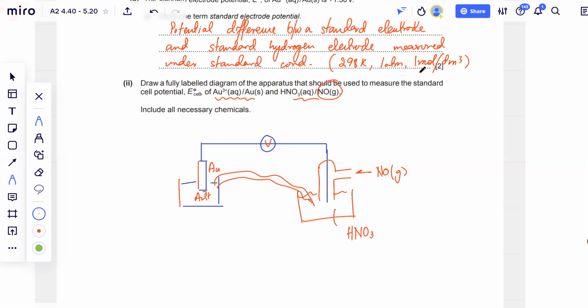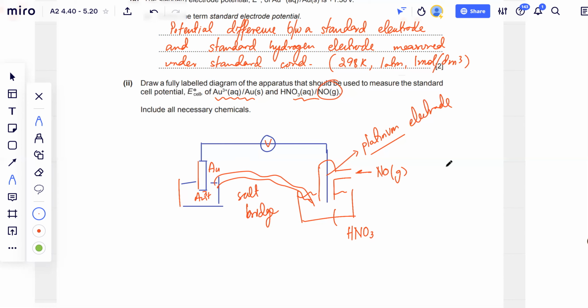Include all necessary chemicals and write voltmeter. This is obviously Au3+/Au and NO. What would the electrode over here be made up of? Platinum. It's going to be a platinum electrode. That's going to be the label. This is the salt bridge.